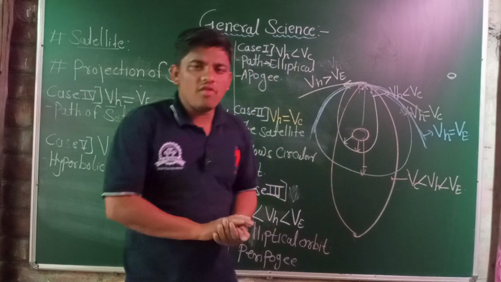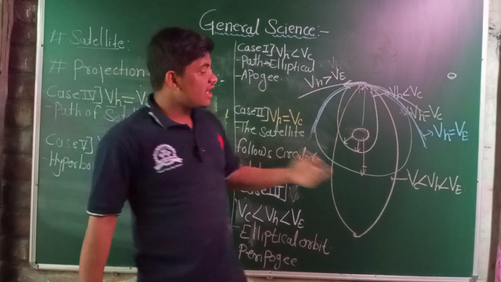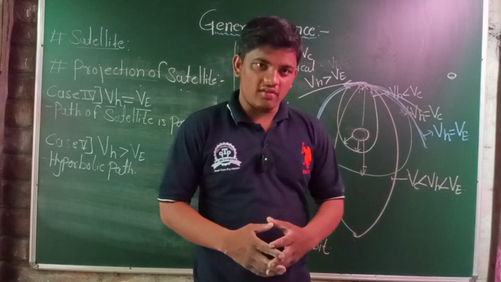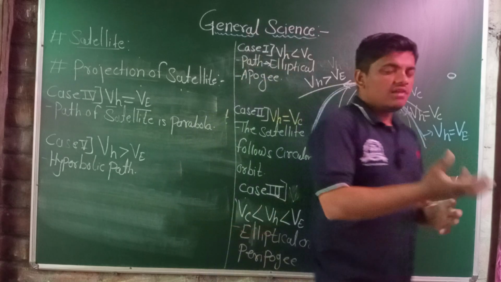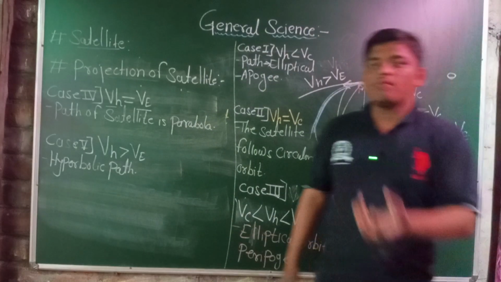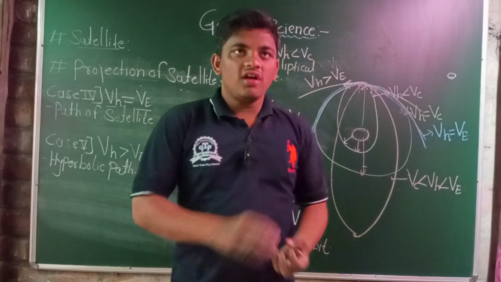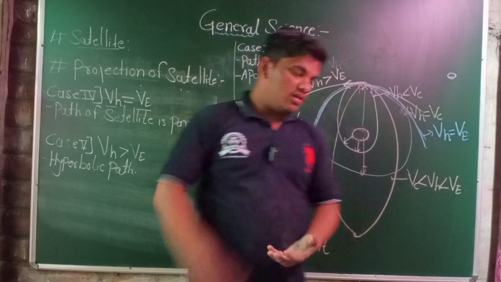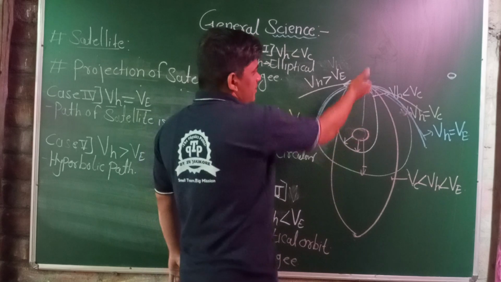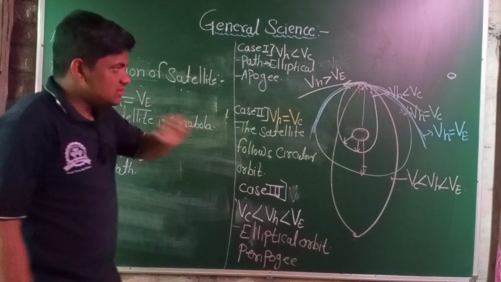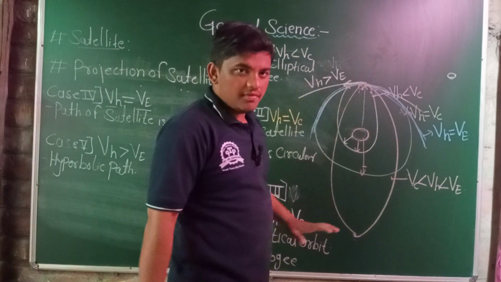Then, how do satellites work, and how can we escape from the earth's gravitation? How are they launched? Whenever they are given a certain velocity or force, they move to a certain vertical distance from the earth.